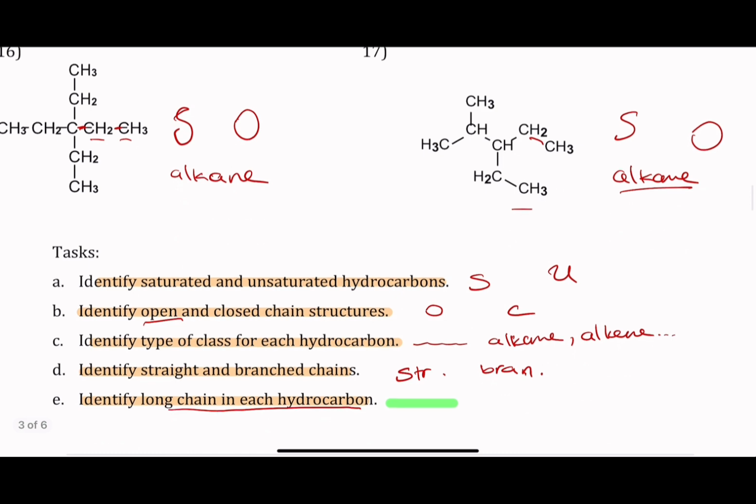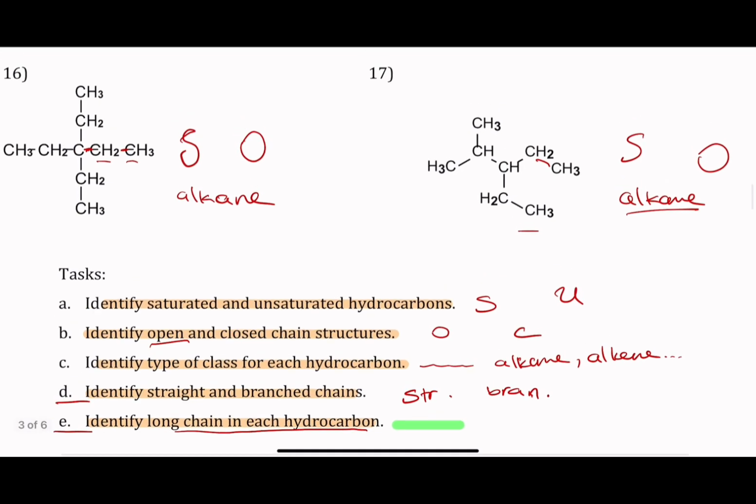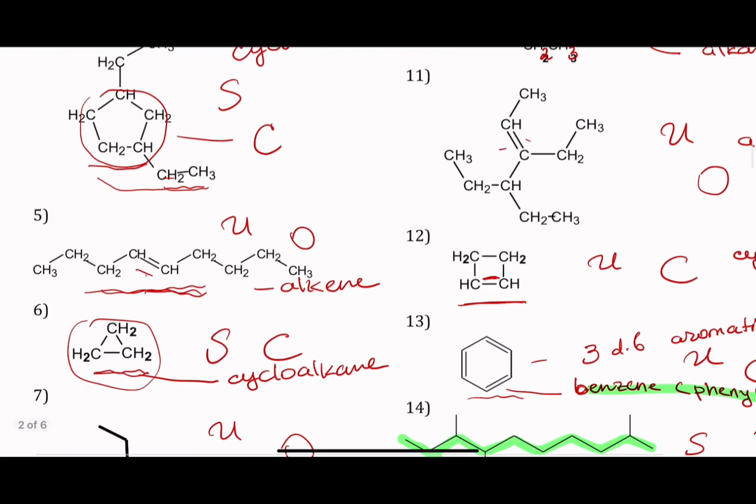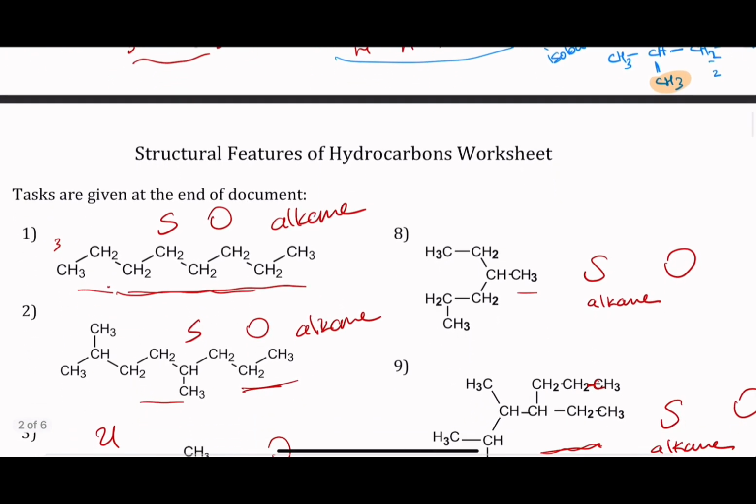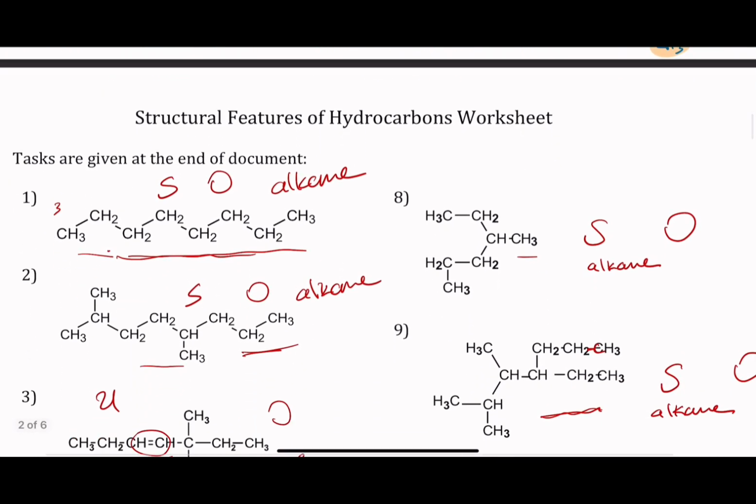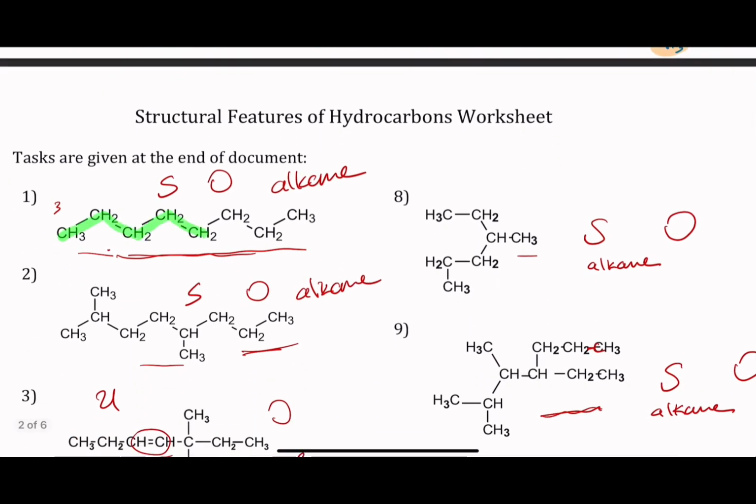And then identify straight and branch chain, and then identify the long chain in each compound. So, straight and branch chain, and then we're going to identify the longest chain. You see here, this one is just a straight chain, right? So this is going to be straight.